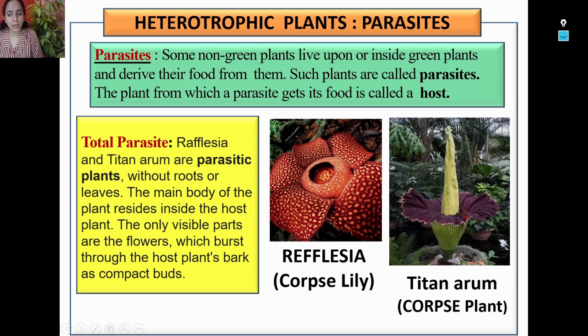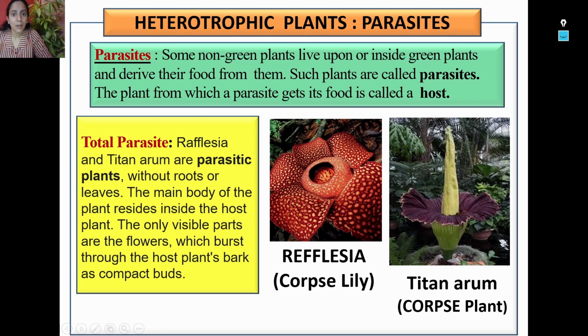This Titanarum is the tallest flower of the plant kingdom. And look at the size, but they are total parasites. Rafflesia as well as Titan are without roots or leaves, and their main body is residing inside the host.